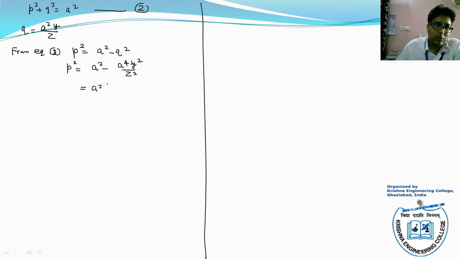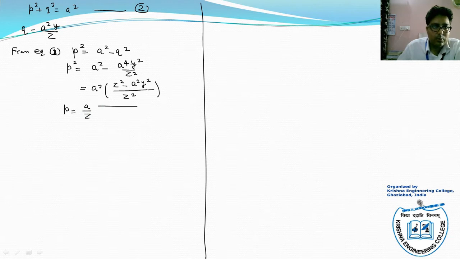Taking a square common and z square as the LCM, this becomes z square minus a square y square. Then the value of p is equal to a upon z under root z square minus a square y square.